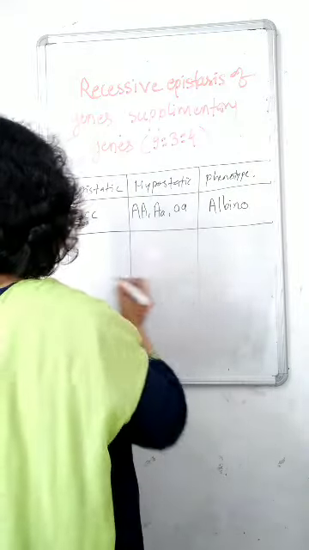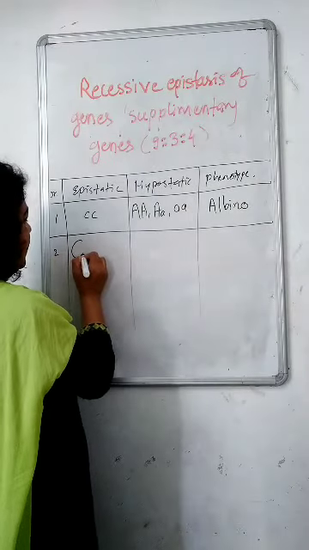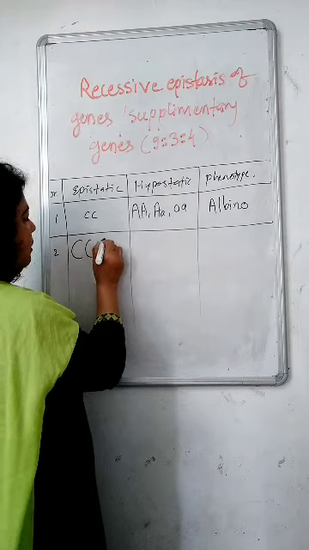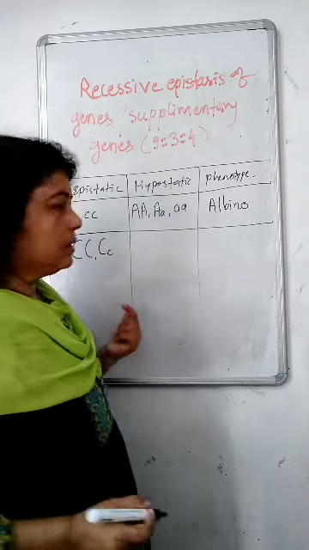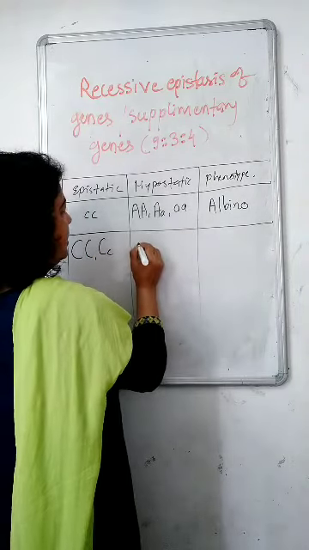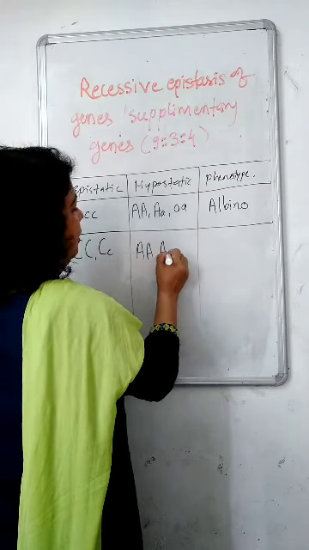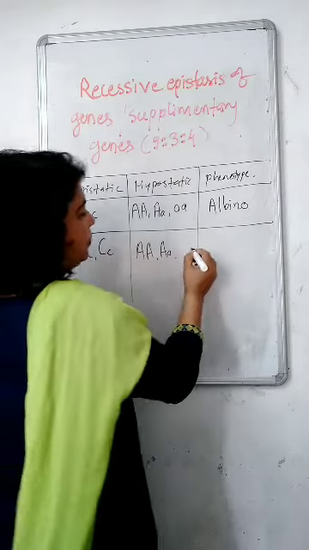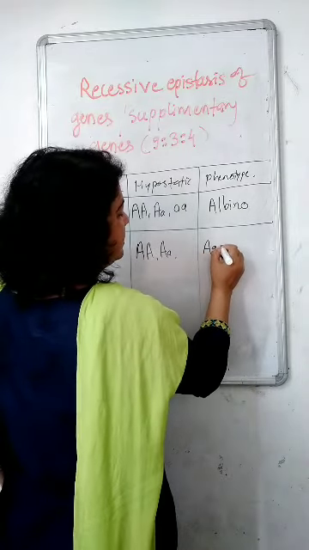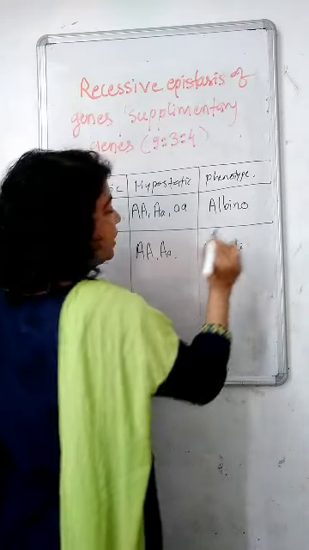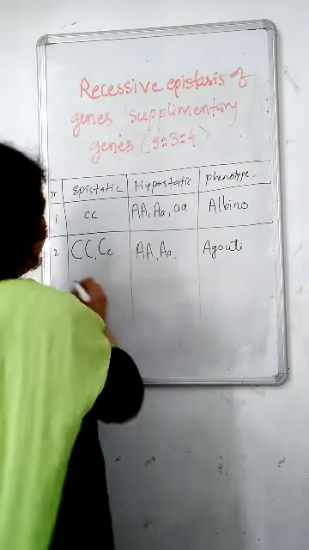Then second, when C is homozygous or heterozygous, and the hypostatic gene also may be homozygous or heterozygous, it develops agouti color.